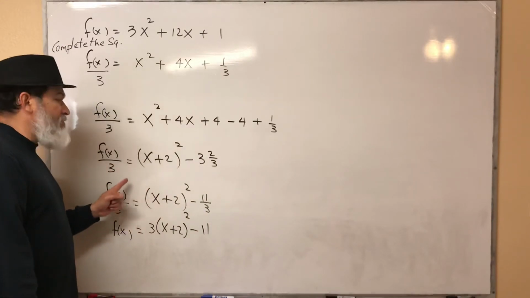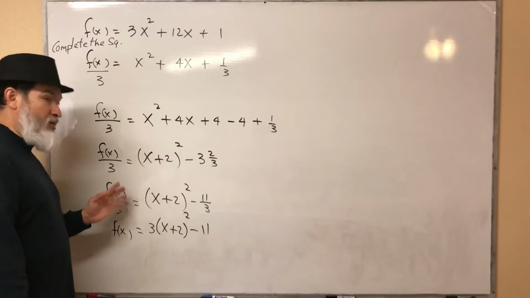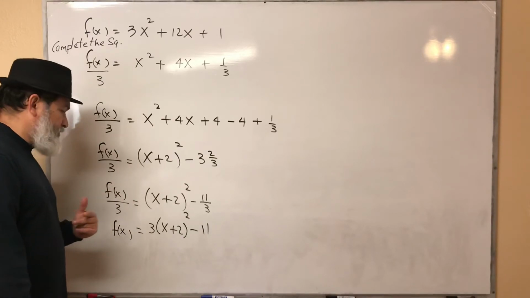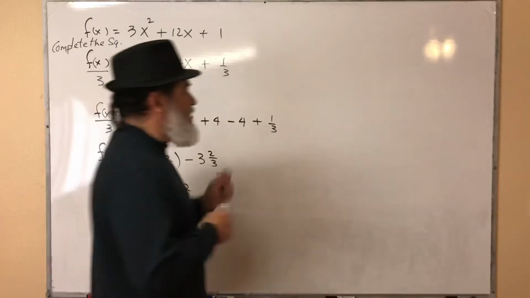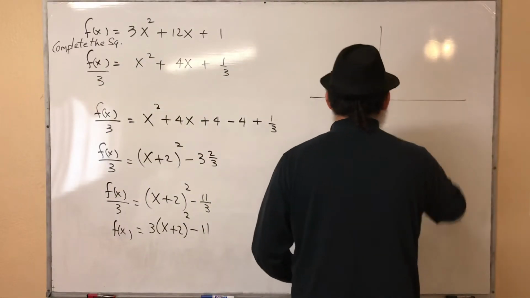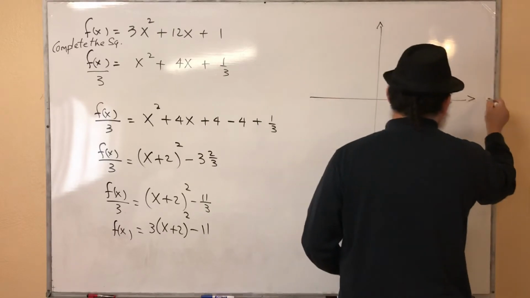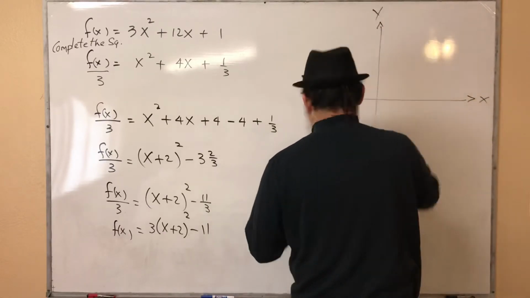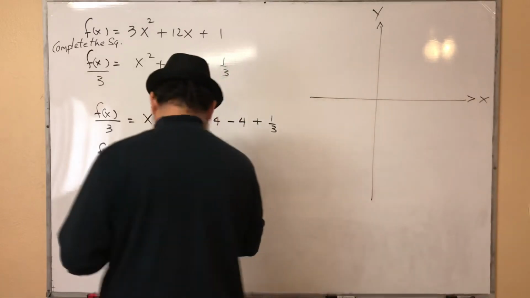the zeros here may be irrationals. They are irrationals. Okay? So let's graph. Graphing. Okay.